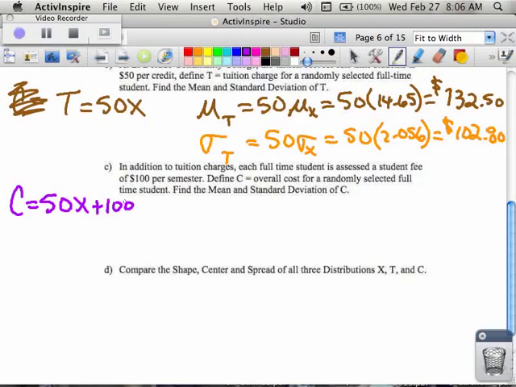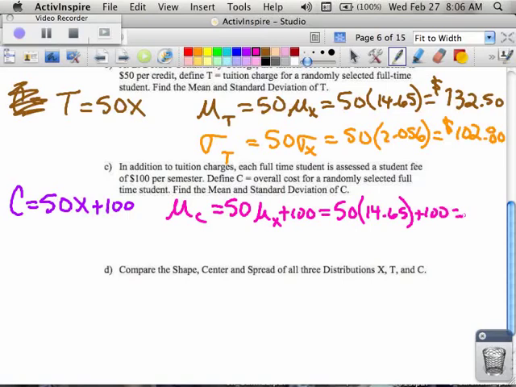So mu of my cost is going to be 50 times the mu for my original data, which was the credit average, plus 100. It would be 50 times 14.65, plus 100, which turns out to be 832.50, which makes sense because if you look up above, it was 732.50 and you added on $100. Okay, so that makes sense.